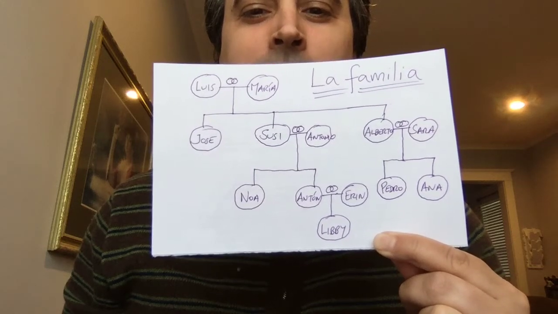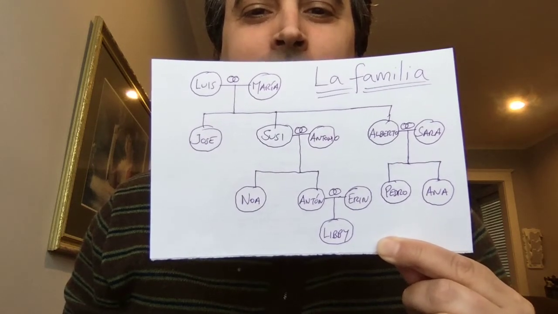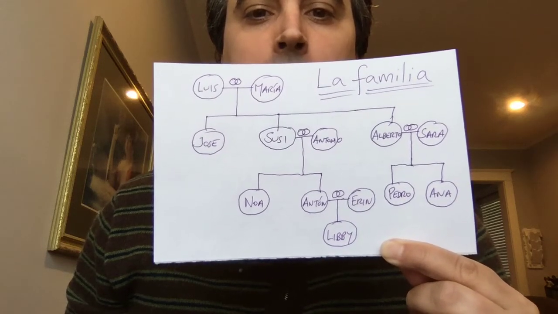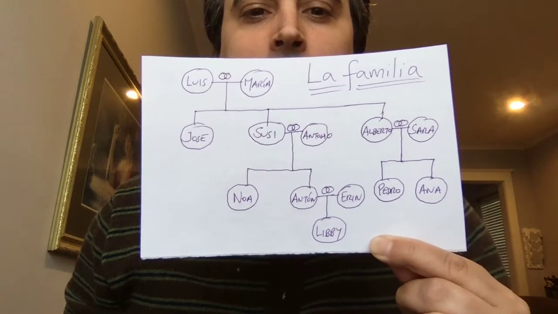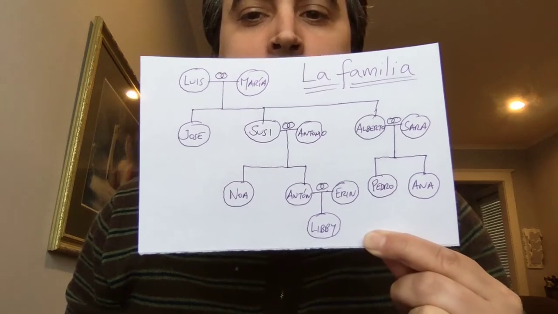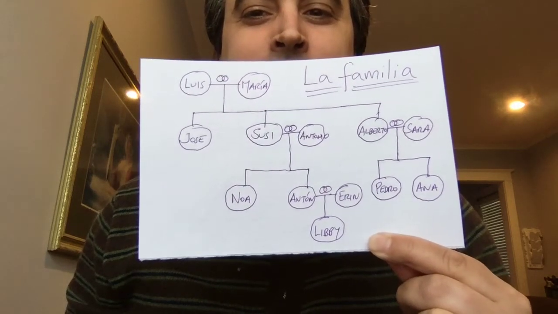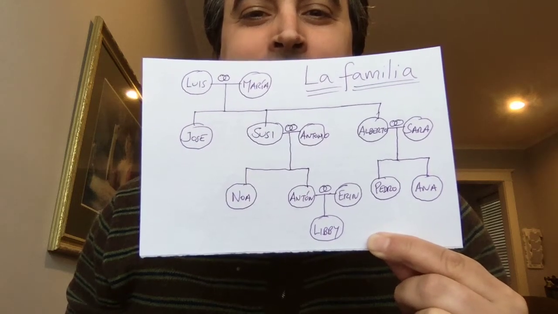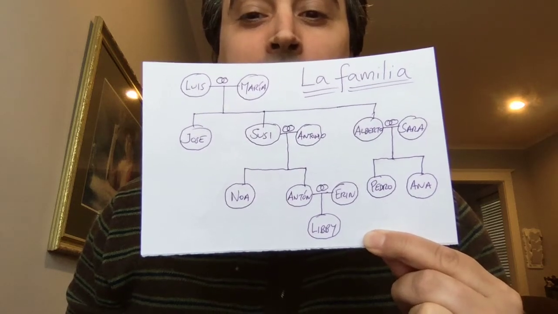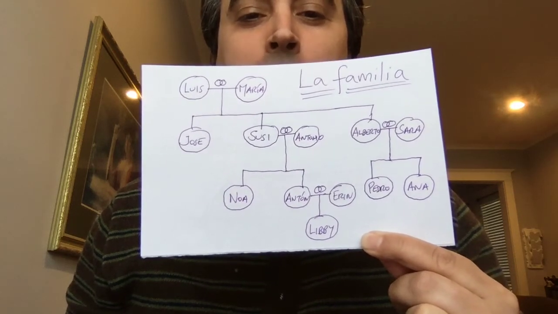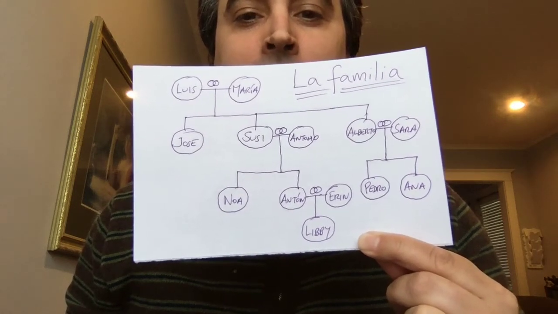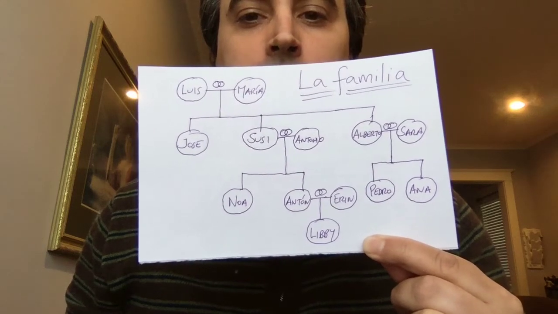Libby es la hija de Antón. ¿Quién es María? María es la abuela de Antón. ¿Quién es Sara? Sara es la tía de Antón. ¿Quién es Noah? Noah es la hermana de Antón.